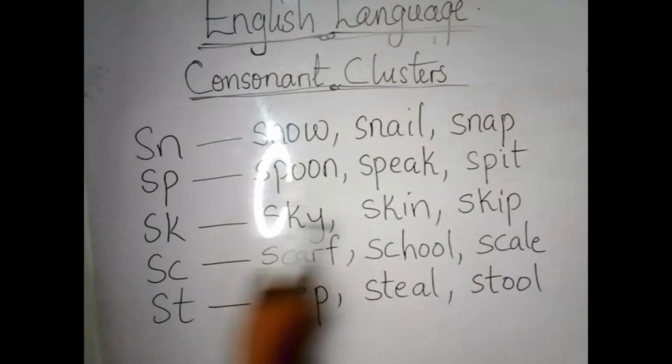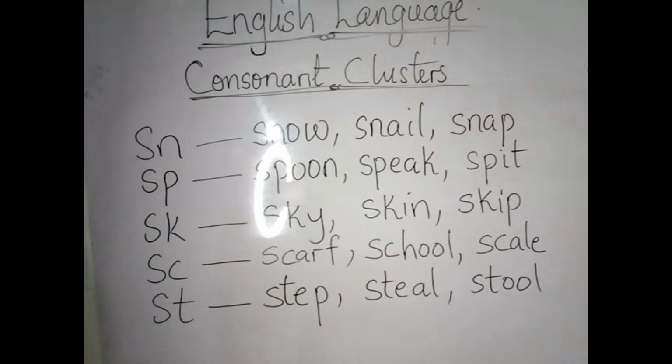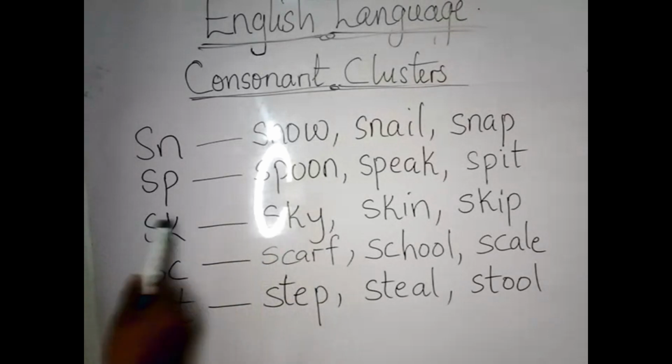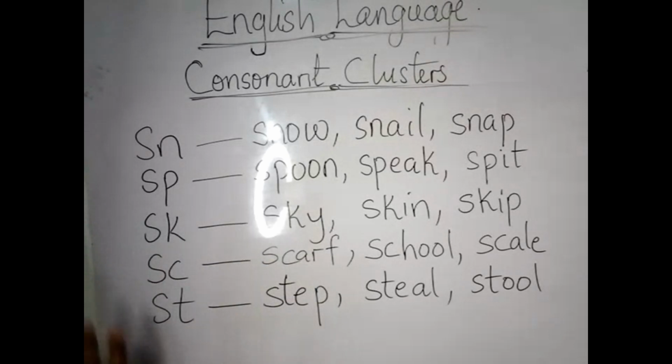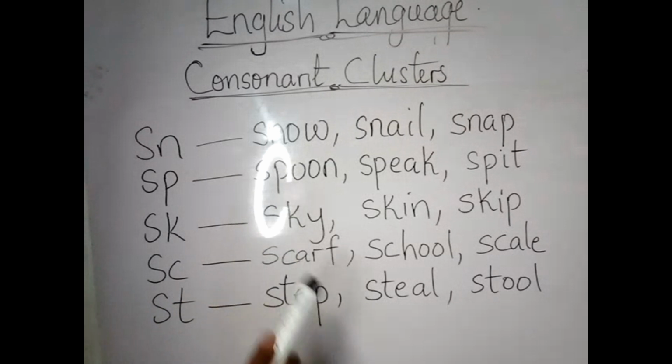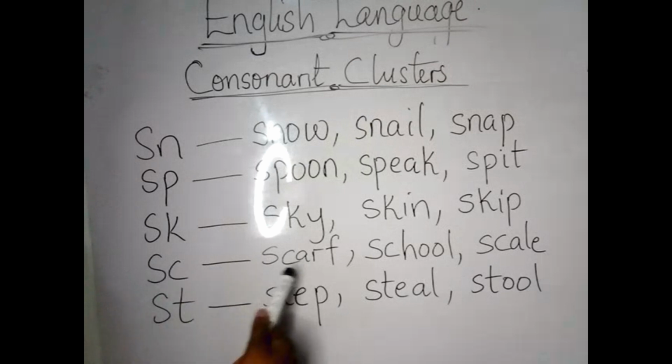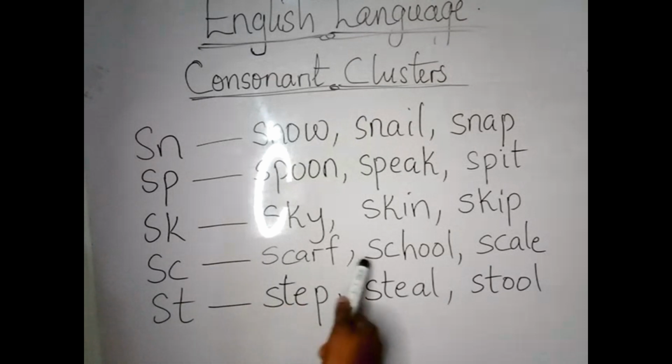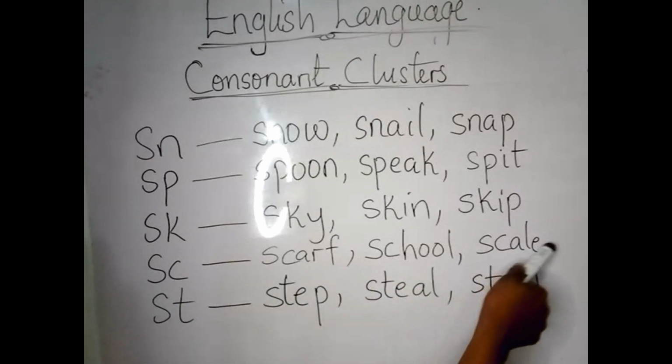So all you need to do is try to get familiar with the words that have SK as the consonant cluster and those that have SC, because both of them sound alike. Sky, scarf, SK, SK. For SC, you have scarf, skull, and scale.